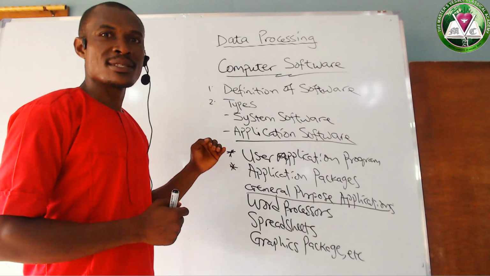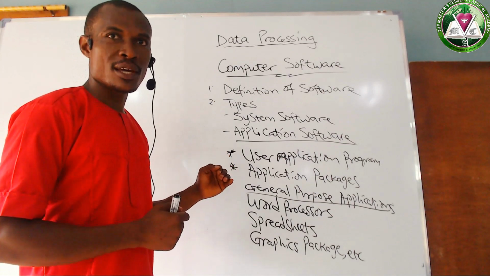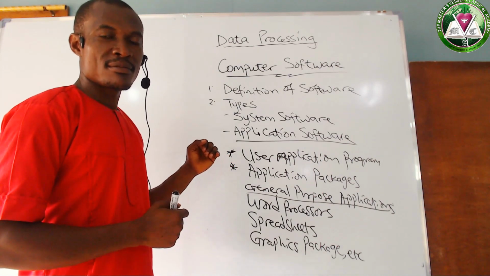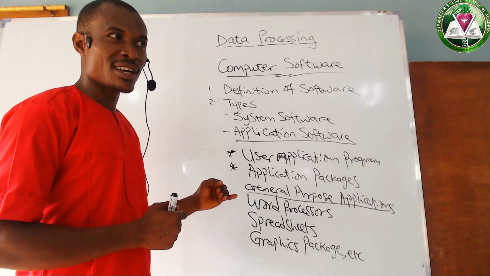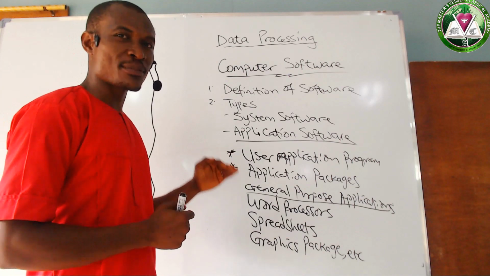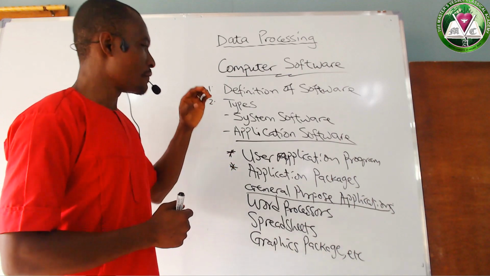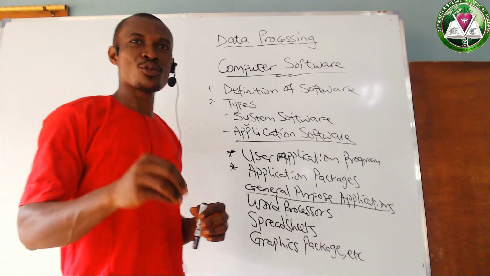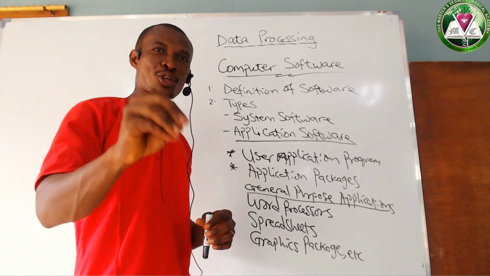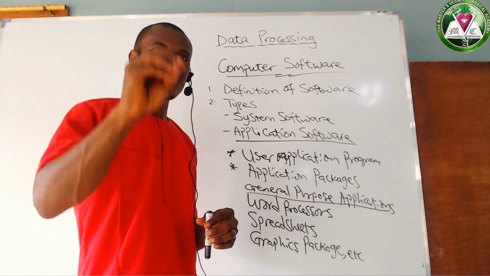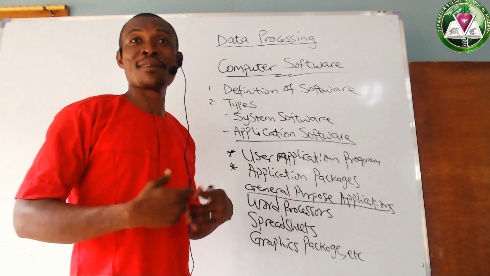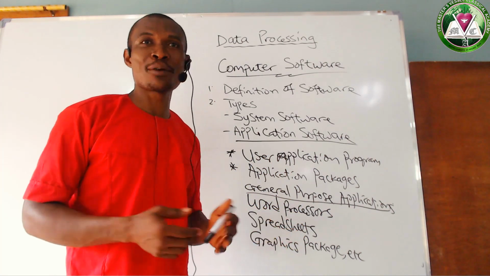Describe the system software. And finally, list and explain the features of the GUI operating system. Please make sure you take note of the features of the GUI operating system very well, because most times, even though it's simple, exam bodies like asking that question.